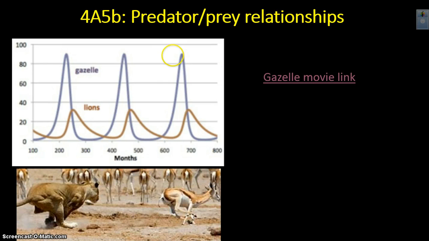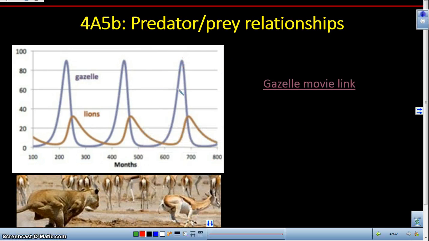One of the last things we're going to look at is this idea of predator-prey relationships. So obviously the gazelle down here is the prey, the predator is the lion, and what we see is if there's a low population of lions or predators, that allows the prey to increase dramatically.